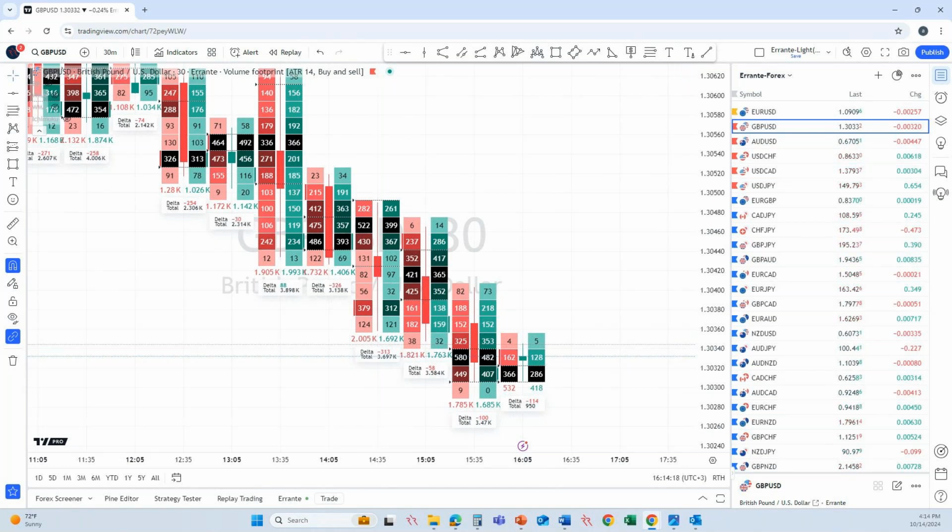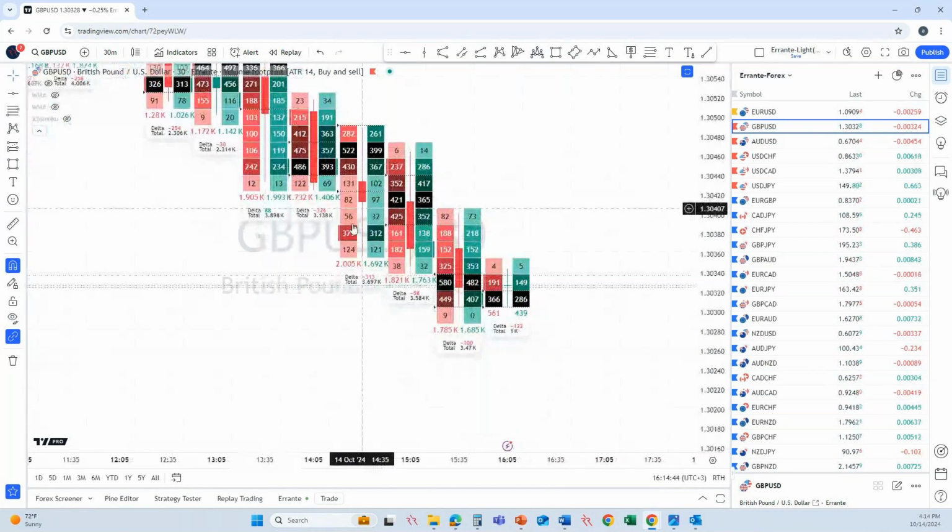I was saying, for example, at the 336 mark in red, this means 336 contracts were traded at the bid price, at that specific price level.